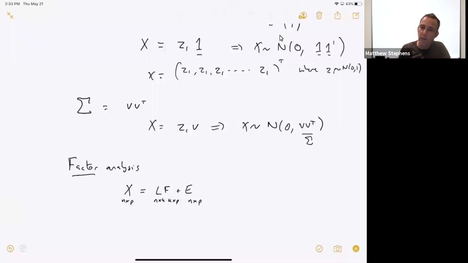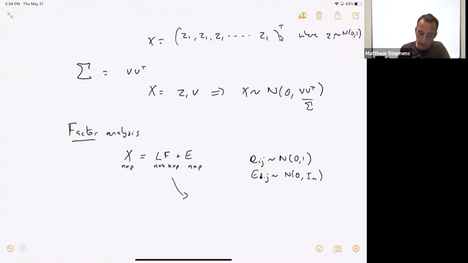The simplest assumption anyway is that the E_ij are independent normal, so in other words E_.j is normal 0, the n dimensional identity matrix. And the other assumption people usually make in factor models is that the Fs are also IID normal 0, 1.